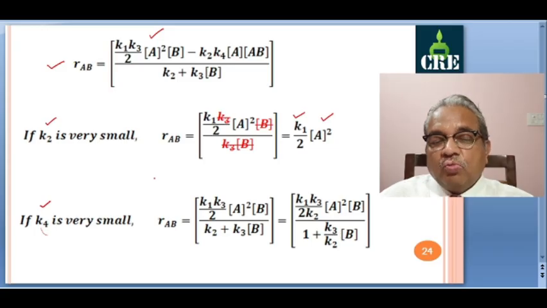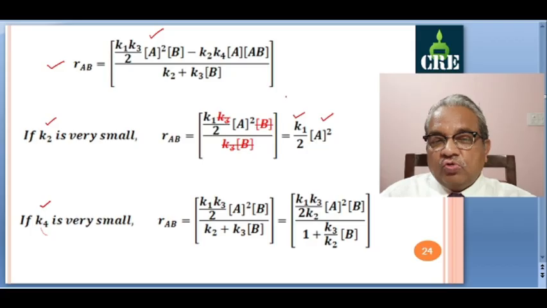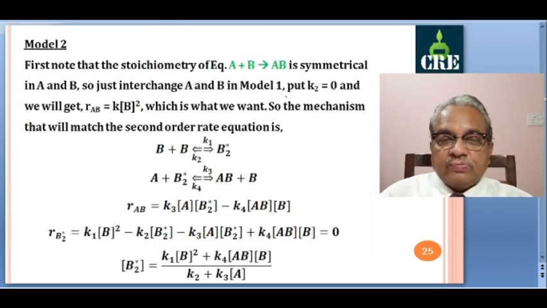It's not that you have to go for trial and error many times. Now what we observe here, we wanted B here and A here. So we want to interchange A and B in our mechanism. That is the only thing you have to do and you will get the desired result. How?